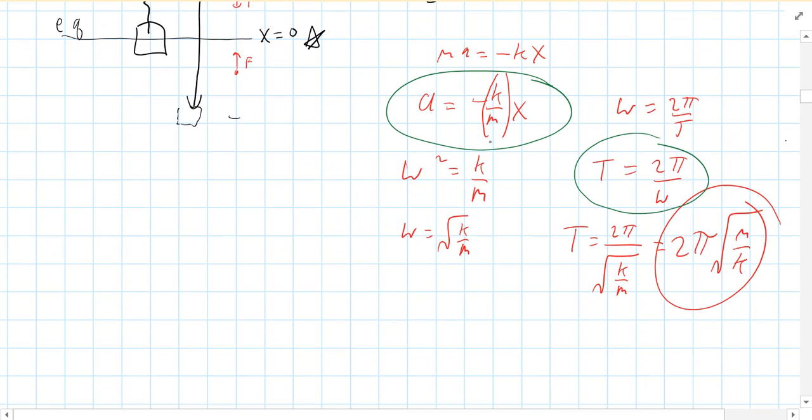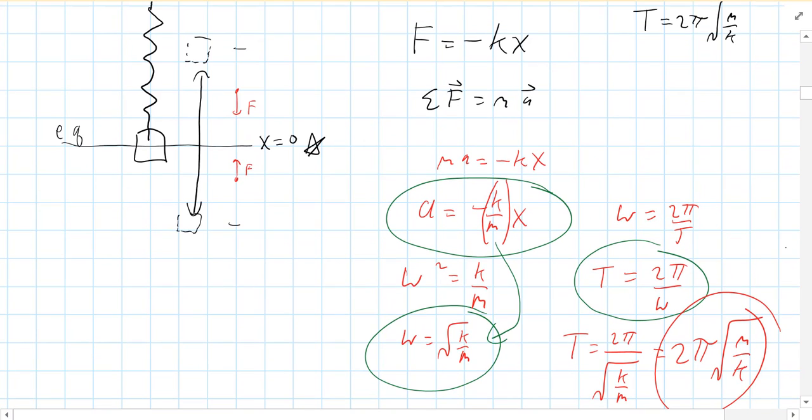And the third step is, once you get a in terms of x, whatever's in front of the x is omega squared. So it's a three-step process. We're going to do that with several systems, and you're going to do that when you're working on problems and answering questions like what's the period and frequency of this thing bobbing up and down, left to right, or swinging back and forth. So that's the idea.